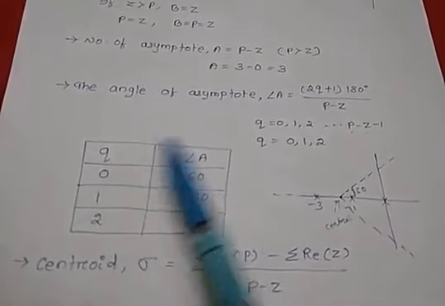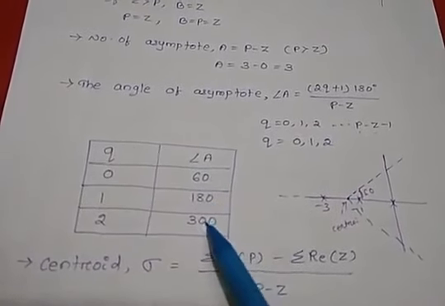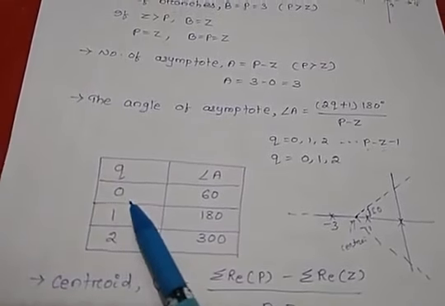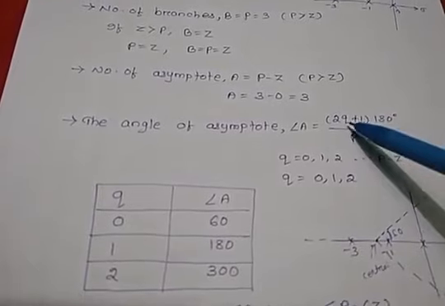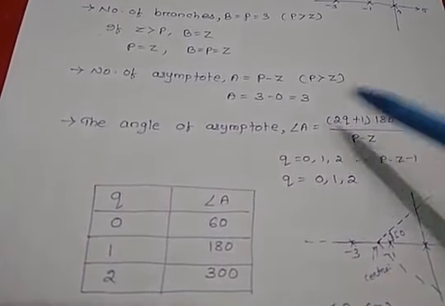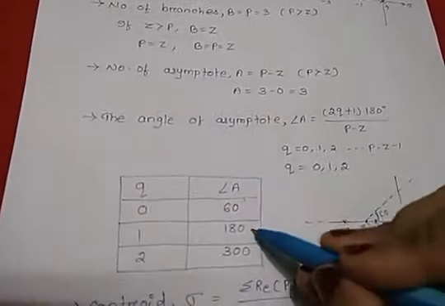Now, by putting these values of q, we will find the angle of asymptote. When we put q equal to 0, we get (0 plus 1), that is 1 into 180 degrees divided by P minus Z equal to 3, that is 180 by 3 equal to 60 degrees.